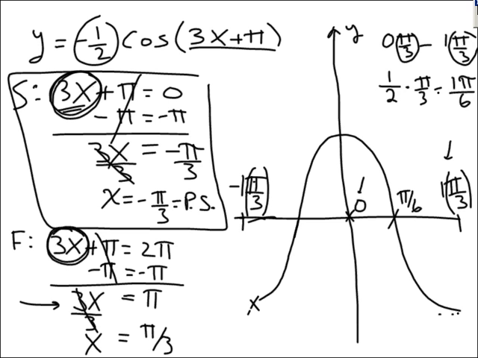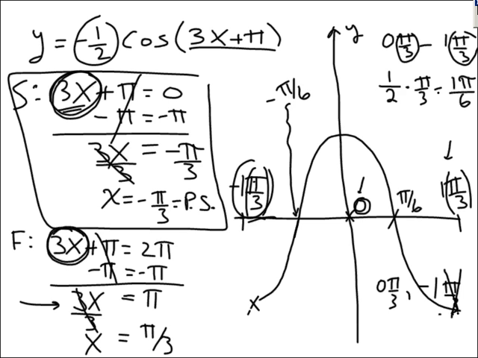Pi over 6. If you see symmetry on the left, you'll realize that that value right there is just negative pi over 6. If you don't believe me, you have 0 pi over 3, and you have negative 1 pi over 3.